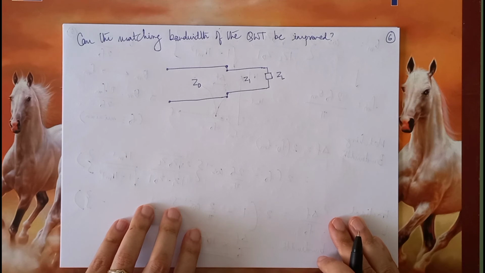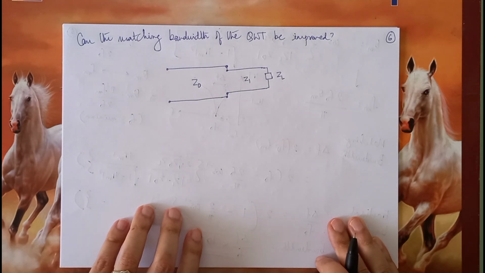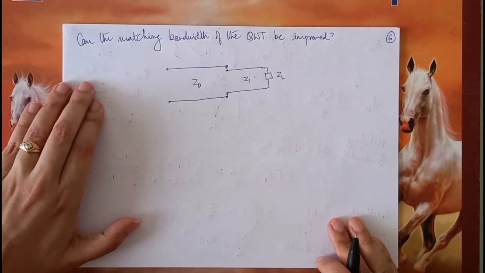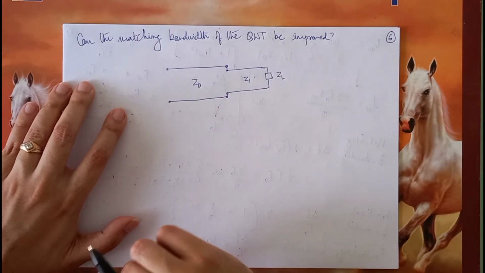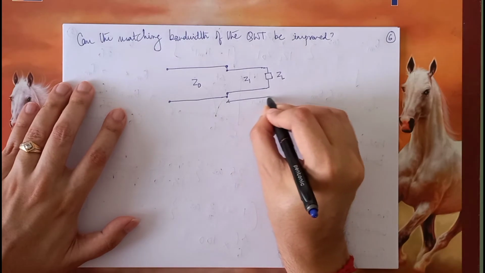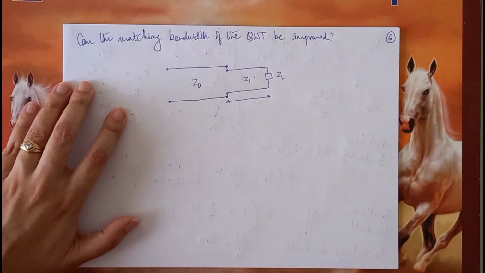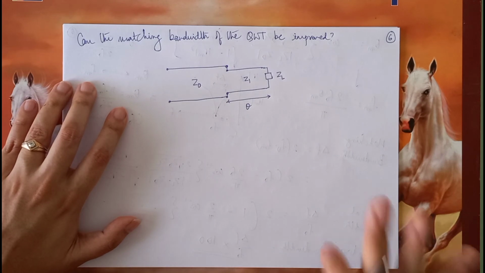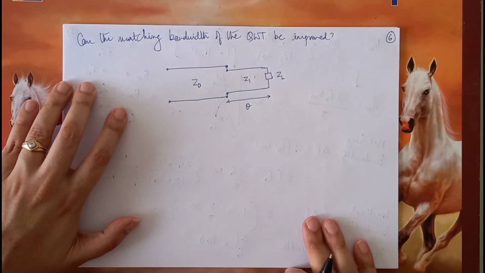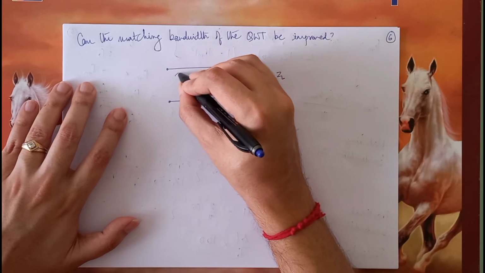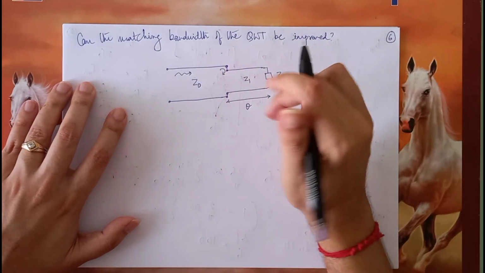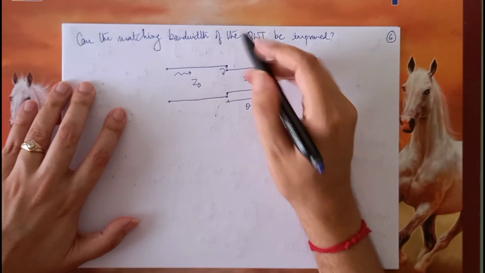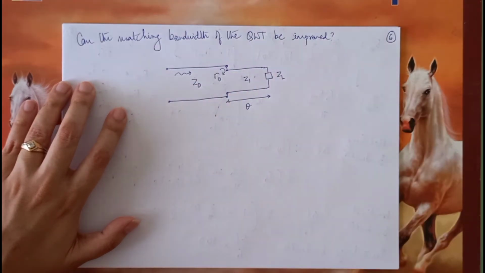When we were doing a transient analysis of the quarter wave transformer, we had assumed this length to be lambda by 4. But now let us assume that the electrical length of this matching section is some theta, without losing generality. If a wave starts to flow from here, the first reflection coefficient it undergoes is at the boundary of these two lines, and that is gamma 0.